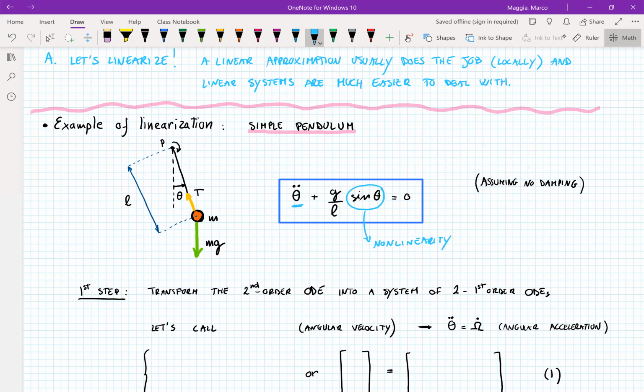In general, if you had an nth order ODE, then you would transform it into a system of n first order ODEs. So if you had a fourth order ODE, then you would have to transform it into a system of four first order ODEs. So how do we do that?